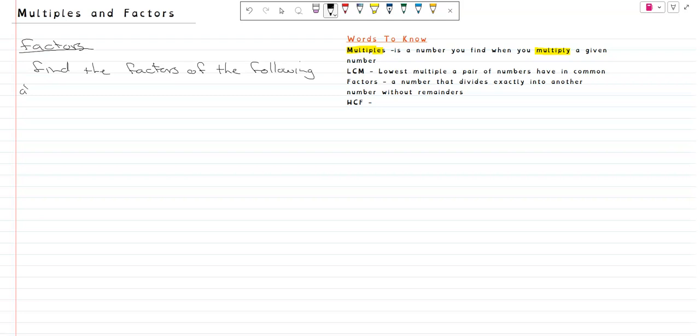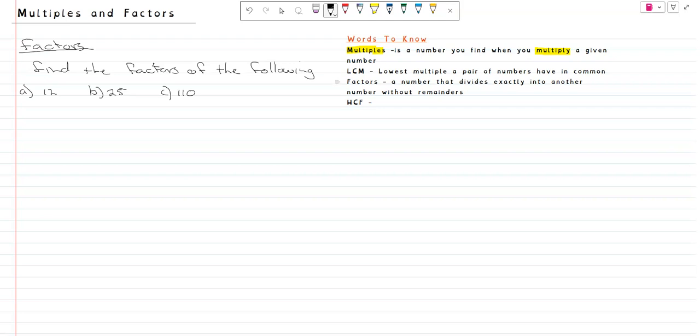Okay, A is 12, B is 25, and C is 110. Okay, so first of all, what can we do to find the factors of this?